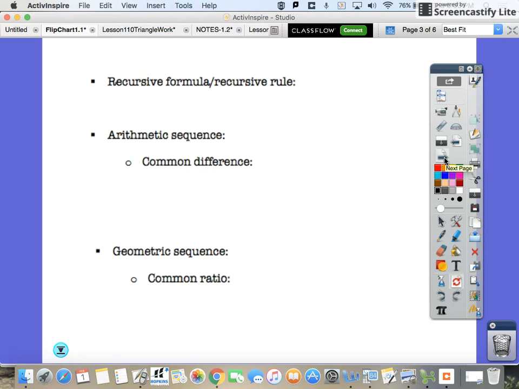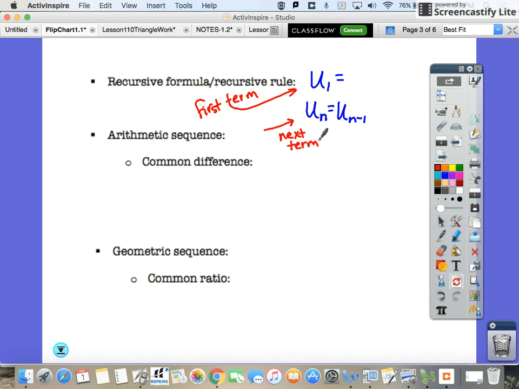There's something called a recursive formula, and the recursive formula has two pieces. So it has u sub 1 and u sub n equals u sub n minus 1. This is the first term. And this is how you find the next term. It's basically saying if you want a term, take the one before it and do something to it.